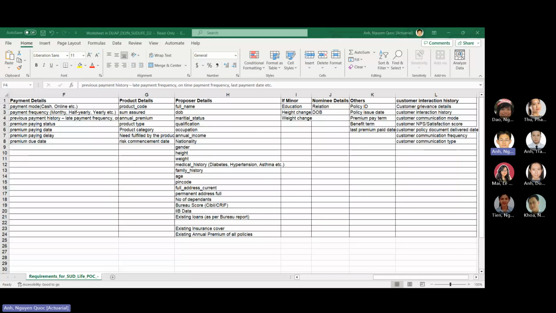We would also like to understand from your end if there are certain processes like this in terms of how the SO, or sales officer, goes and discusses with the customer. What is the challenge for him to actually do it? If there is a challenge, we also try to map those data points at least as an indicator.